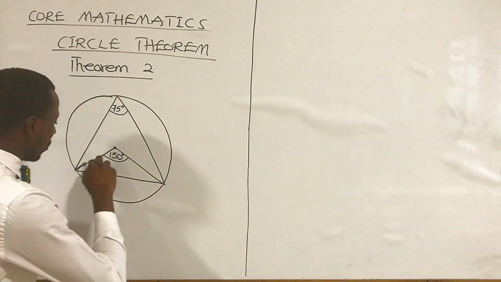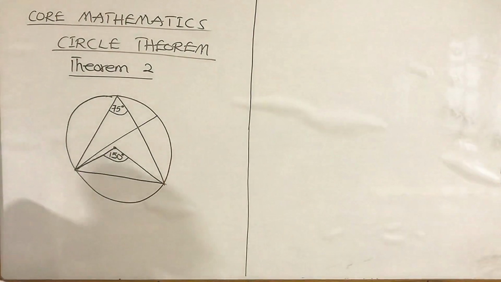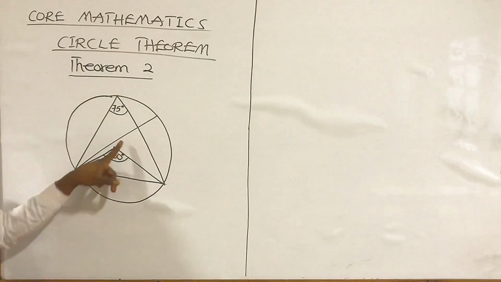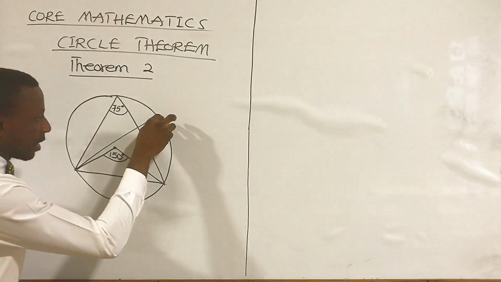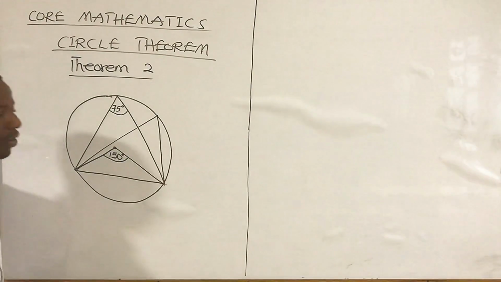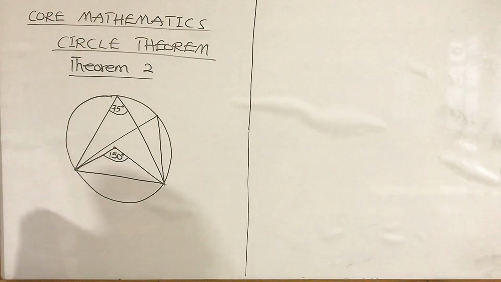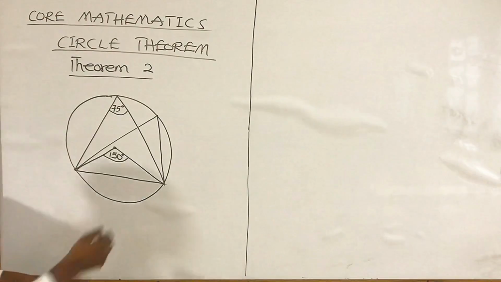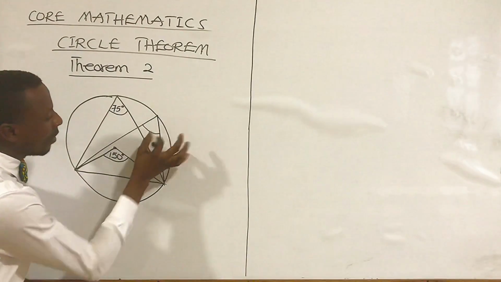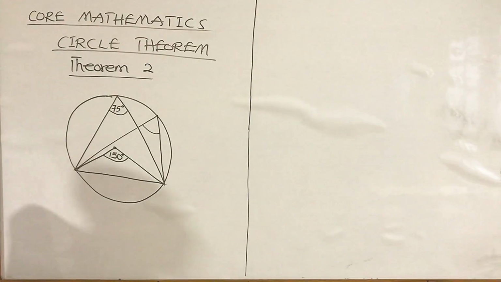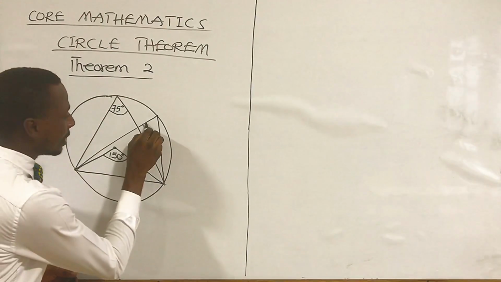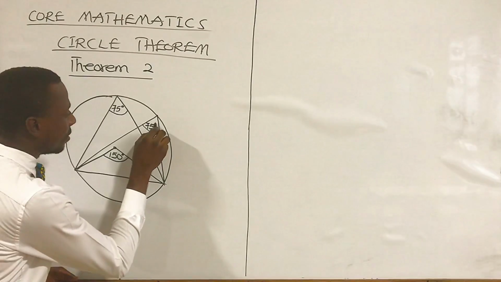Now, when I draw a line here, this line is a chord because it is not passing through the center. We have another line here, which is still a chord. Now, if I ask of the angle here, what do we think this angle will be? So this angle will also be 75 degrees.